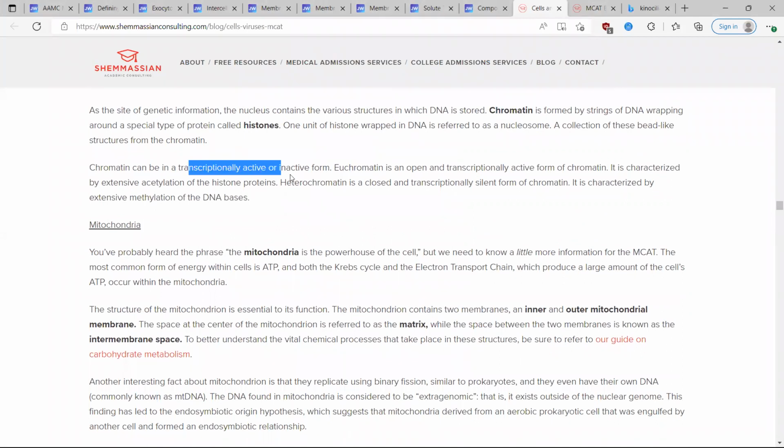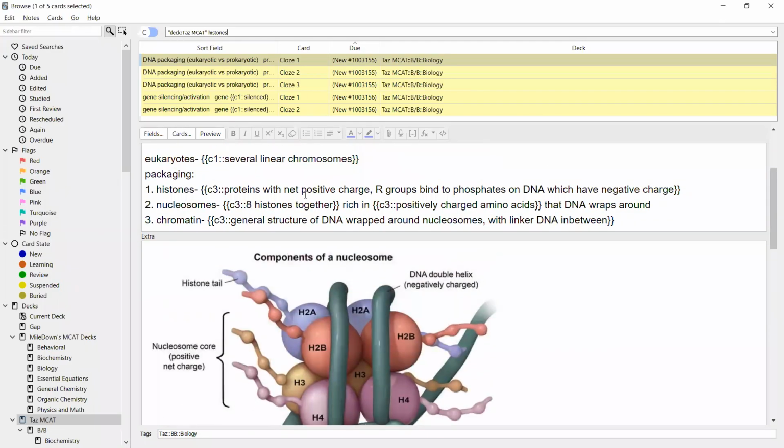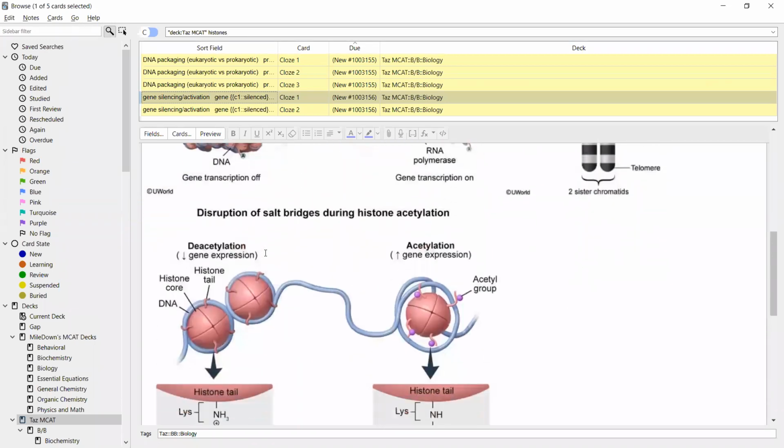It can be active or inactive, right? We talked about euchromatin being open and heterochromatin being closed. And we talked about why that happens when things are acetylated or closed versus open. It just depends on how tightly bound the negative DNA is to the histones.